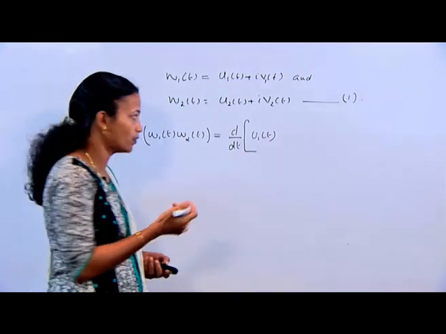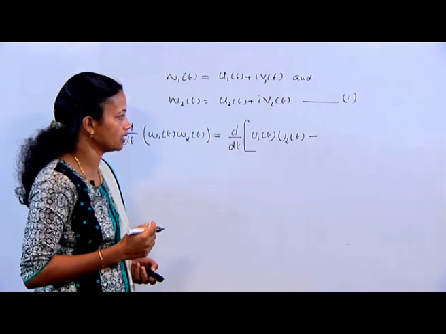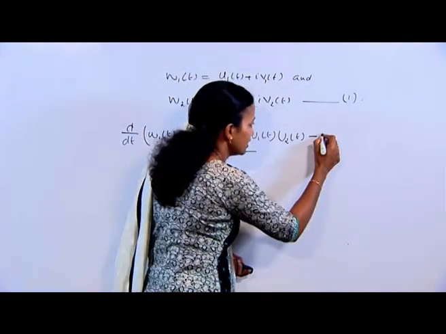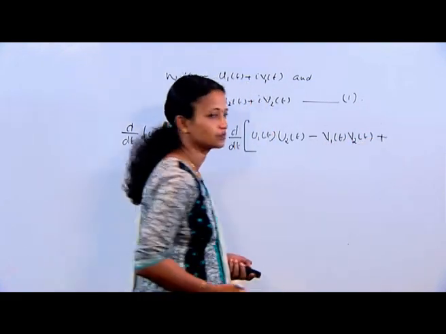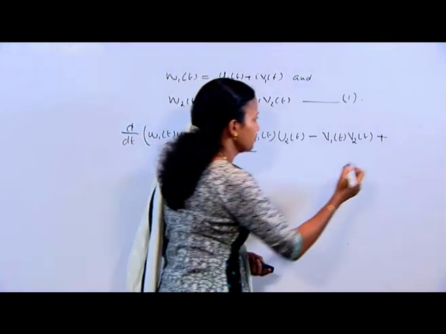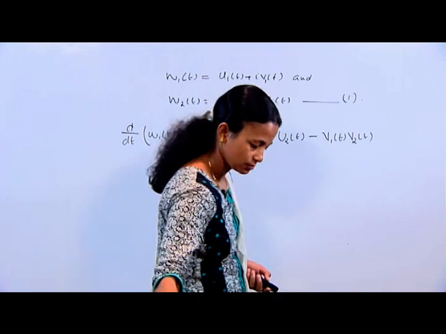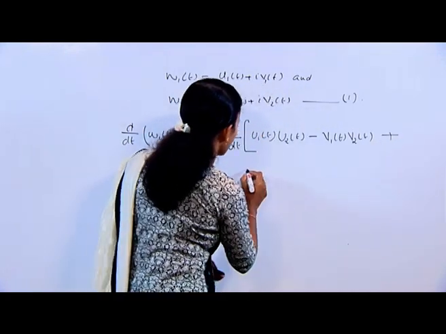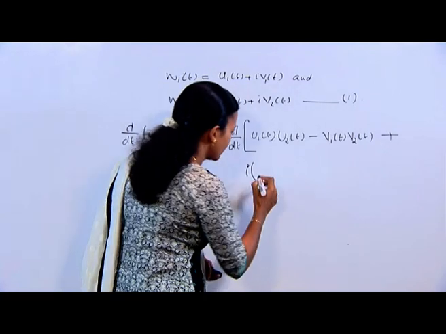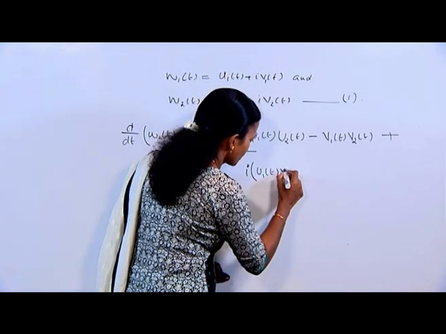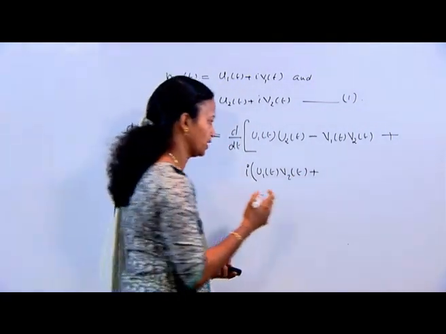So, on multiplication we get u1(t)u2(t) minus v1(t)v2(t), plus the next term i into u1(t)v2(t) plus v1(t)u2(t).